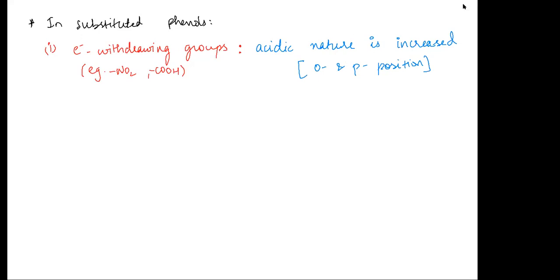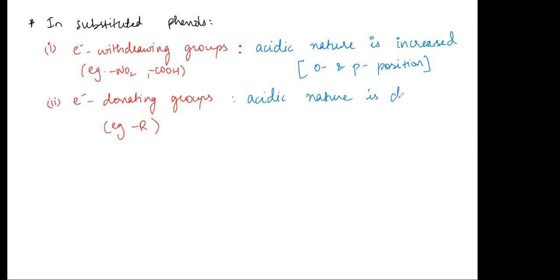On the flip side, if you have electron donating groups, like R, alkyl groups, then what does it do to the acidic nature? Decreased.